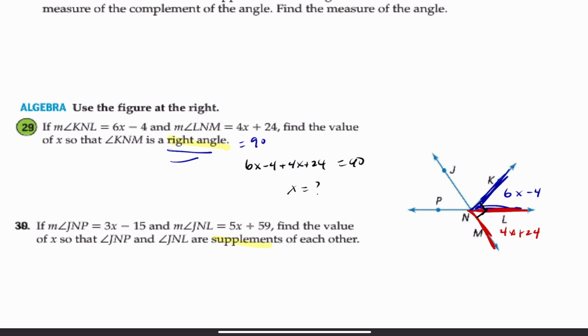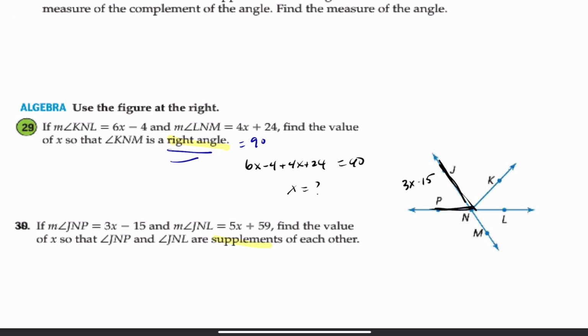And then here, for number 30, if measuring angle JNP is 3x minus 15 and measuring angle JNL is 5x plus 59, find the value of x so that angle JNP and JNL are supplements of each other. So JNP is right here, so we call that 3x minus 15.